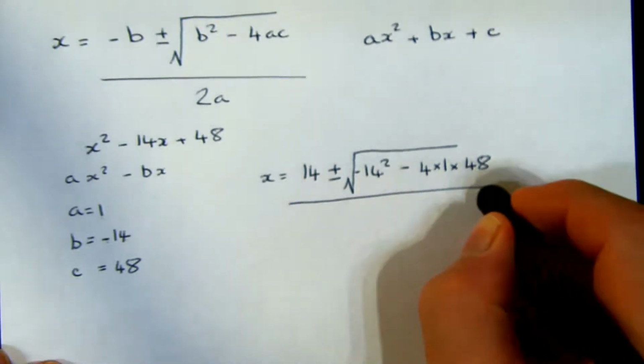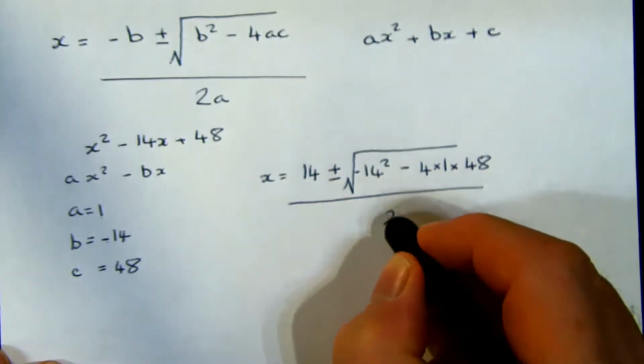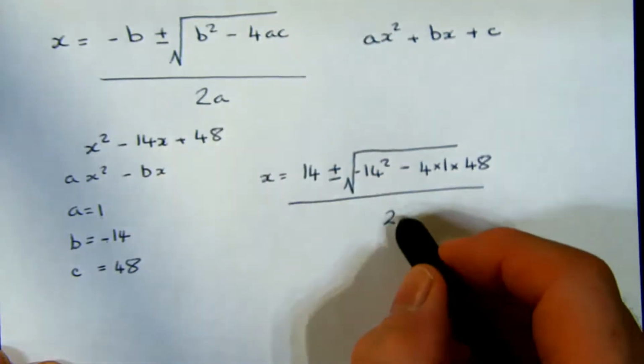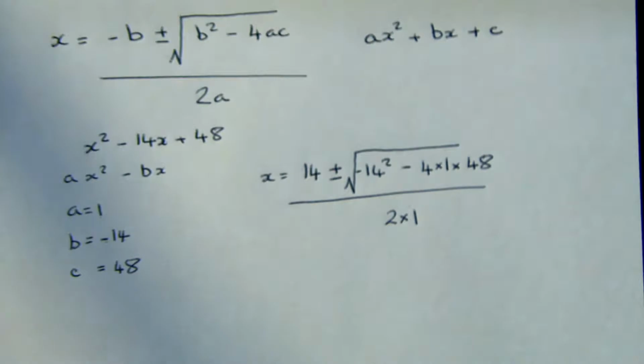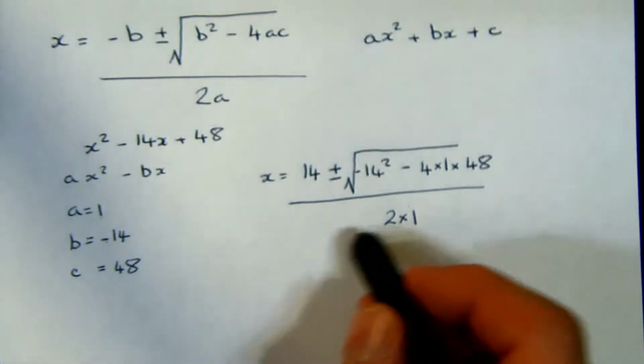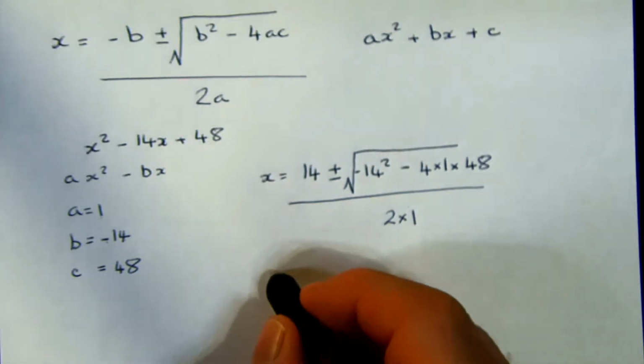And all of that goes over 2 times a, which is 1. We can simplify this out if we want to.